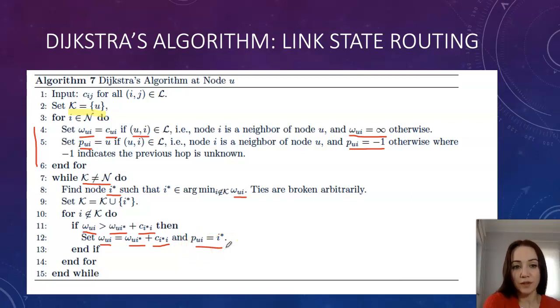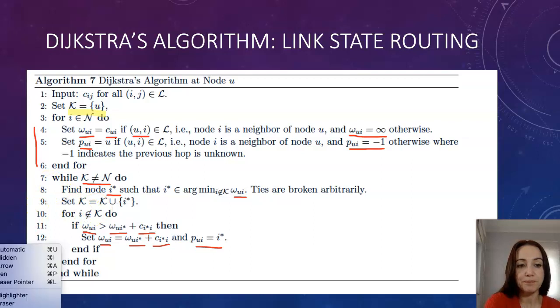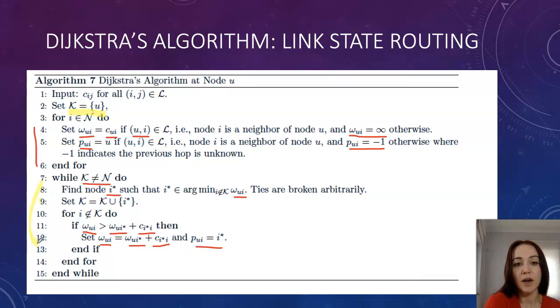So basically in one iteration we added one new node to kappa, and we continue these iterations in steps 8 through 12 until we have gone through and included all the nodes in the network.